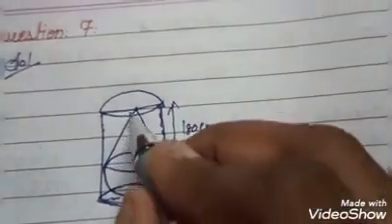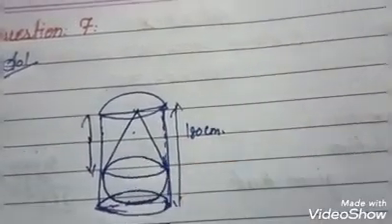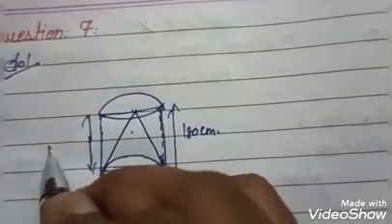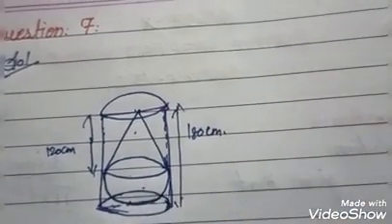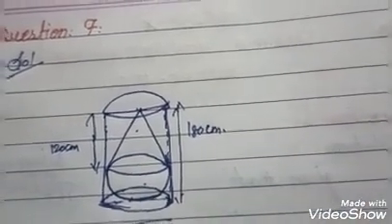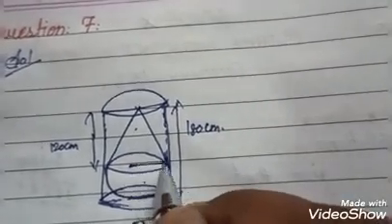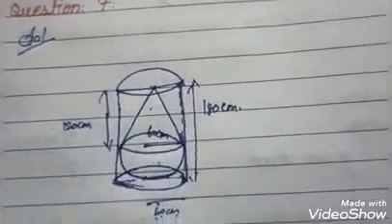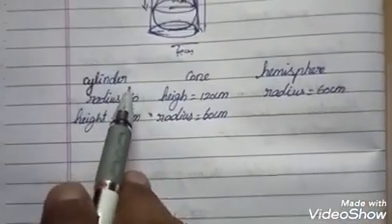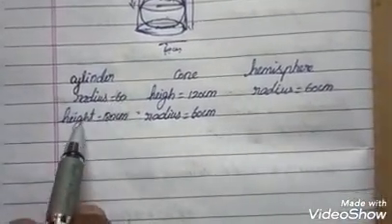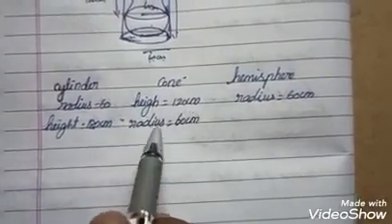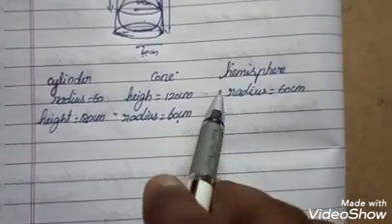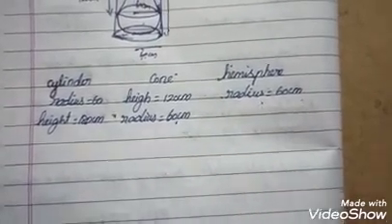The height of your cone is this part, 120 centimeter, and the radius of the hemisphere is 60. So clearly: in the cylinder, radius is 60 centimeter, height is 180 centimeter. In the conical part, height is 120 centimeter, radius 60 centimeter. In the hemisphere, radius is 60 centimeter.